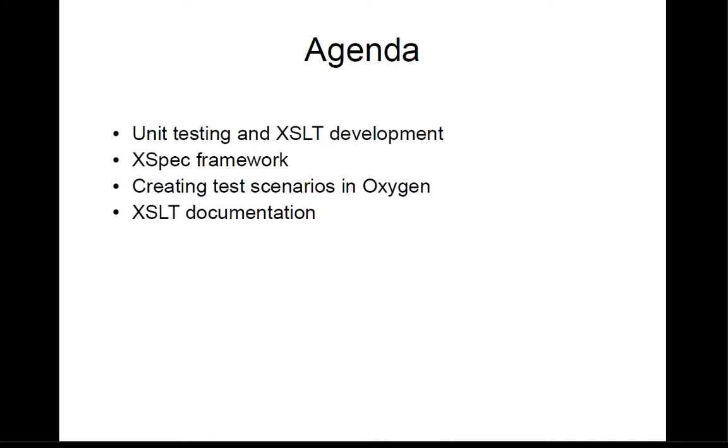And it's the one that we've chosen to integrate into oXygen. We'll see how to create unit tests in oXygen. And last but not least, we'll talk about why documenting your style sheets is a good thing and how oXygen can help you in that regard.